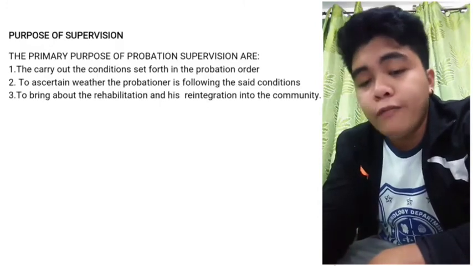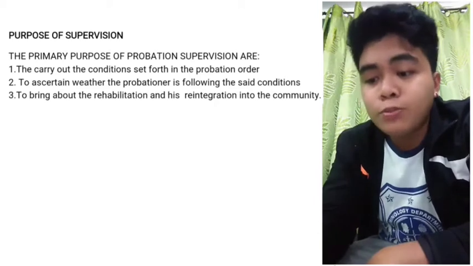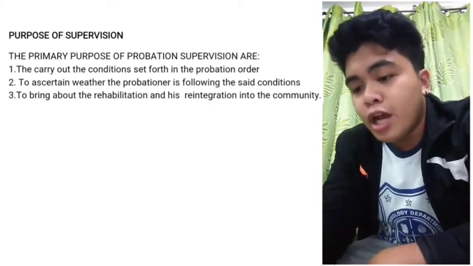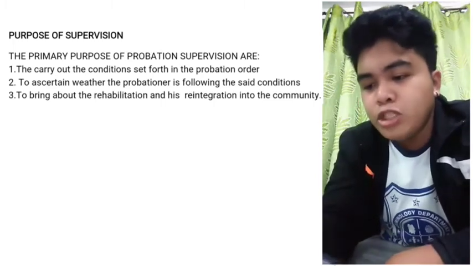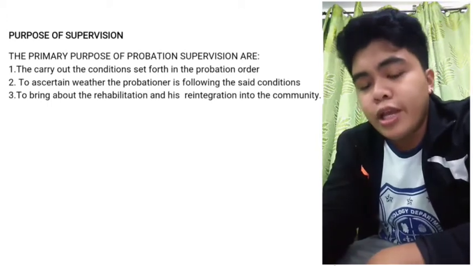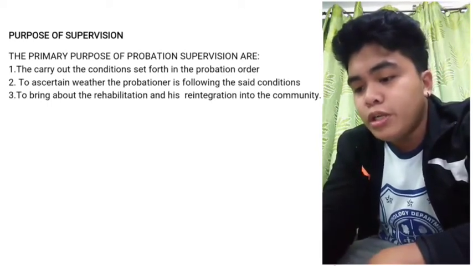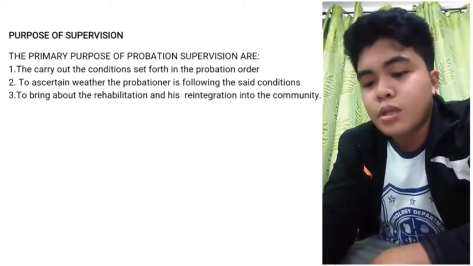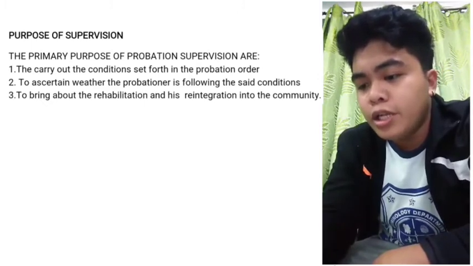Then purpose of supervision. The primary purpose of supervision, number 1, is to carry out the conditions set forth in the probation order. Number 2, to ascertain whether the probationer is following the said conditions. Then 3, to bring about his rehabilitation and reintegration into the community.